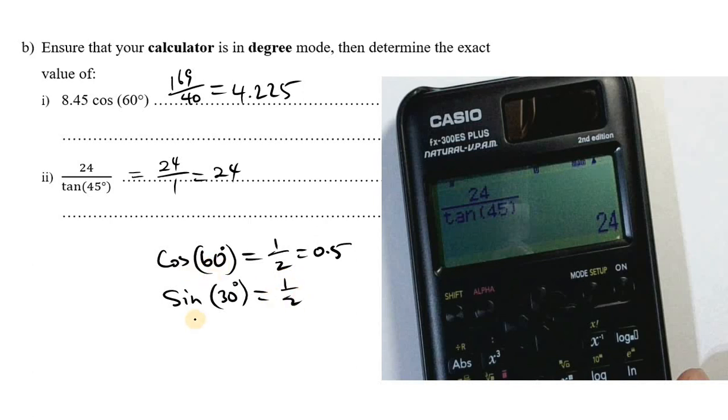Cosine of 60, same as sine of 30. And the sine of 60, same as cosine of 30. But just remember, sine of 30 degrees is 0.5 or half. Cosine of 60, 0.5 as well. Another one you want to remember is tan 45. These are very easy to remember. And you can use any of these to check your calculator to make sure it's in the right mode. That is degree.